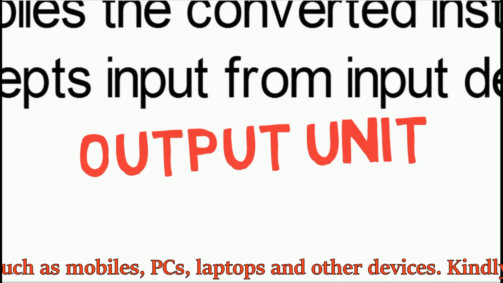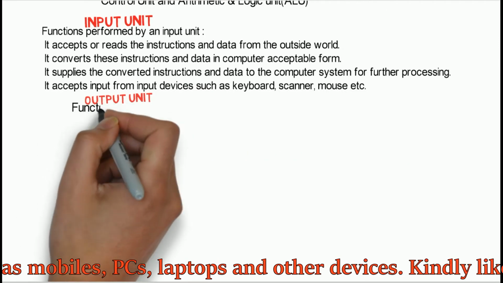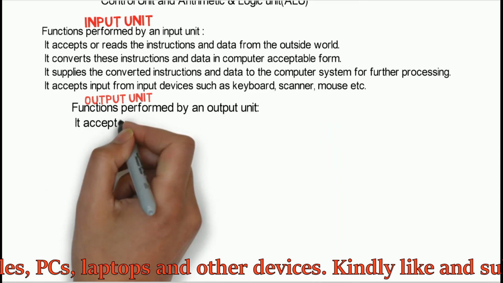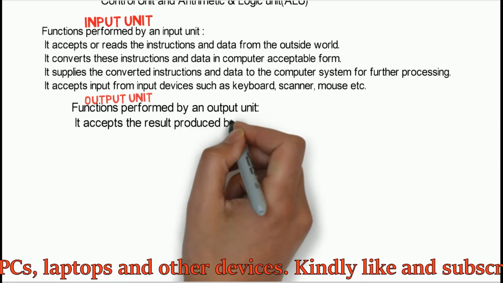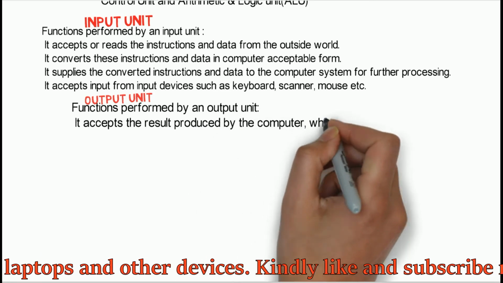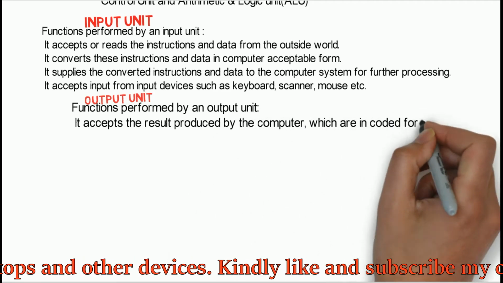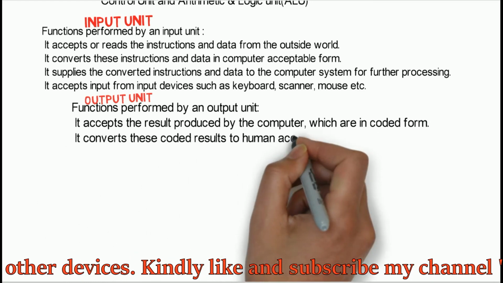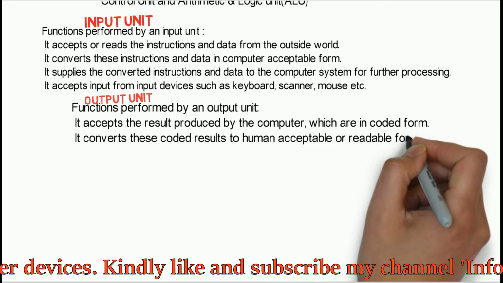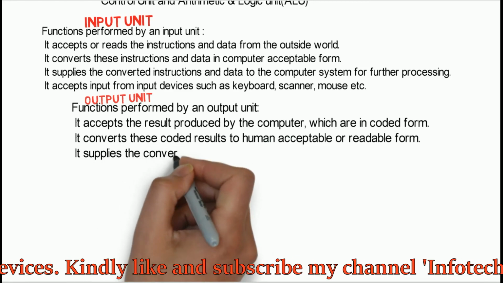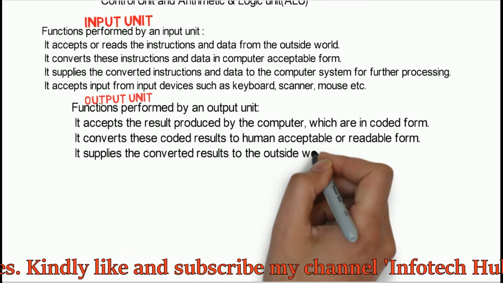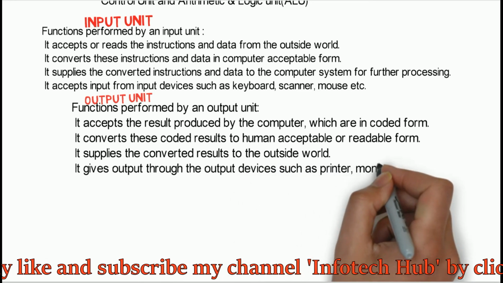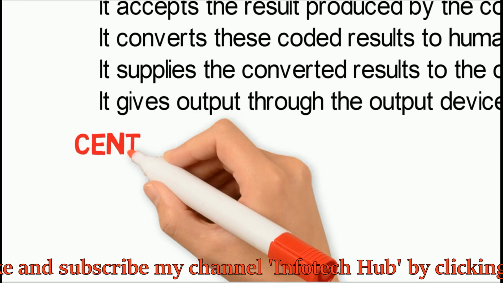Output unit: it accepts the results produced by the computer, which are in coded form. It converts these coded results to human acceptable, readable form. It supplies the converted results to the outside world. It gives output through output devices such as a printer, monitor and etc.